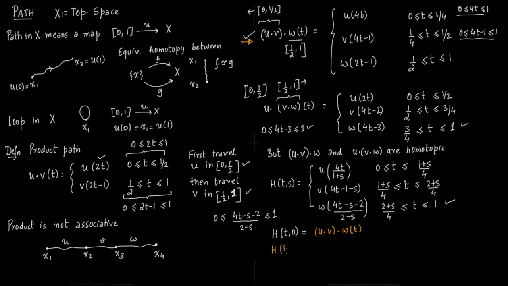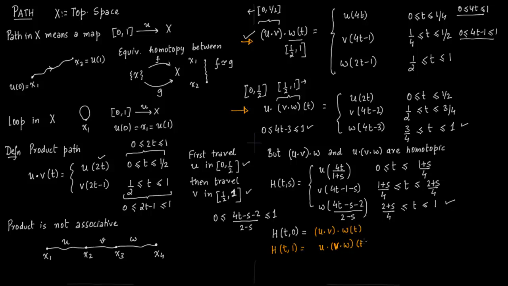And what if you plug in 1? If you plug in s equals to 1, you get the second product. You get this path: u of 2t, v of 4t minus 2, w of 4t minus 3.